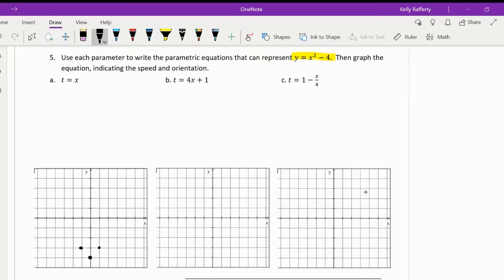And I can even throw some points in here, right? We'll have zeros at positive and negative 2. But that would just be our rectangular graph. So we want to throw in the orientation for these.